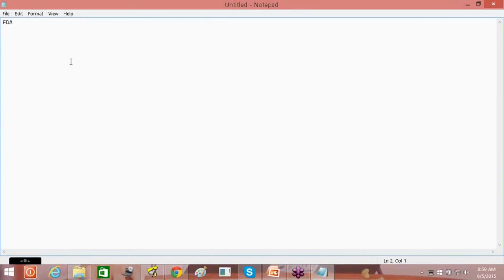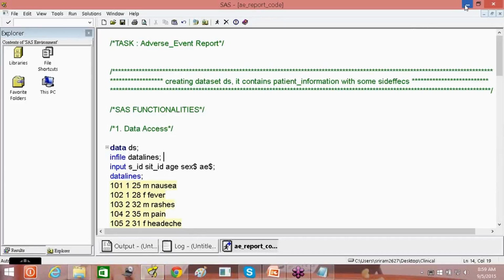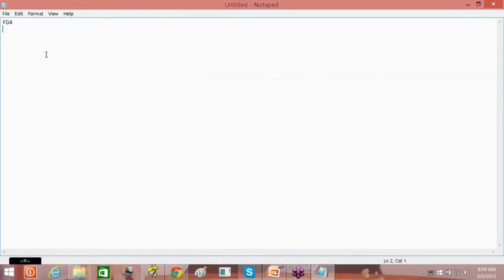If your reports show safety, then they will give you approval, otherwise no. So people conduct clinical trials, record the clinical trial data, generate reports and submit them to the FDA. If FDA feels satisfied, then they will get the approval, otherwise no. They get registration or approval for the new drug to be introduced into the market. This is the main process actually.